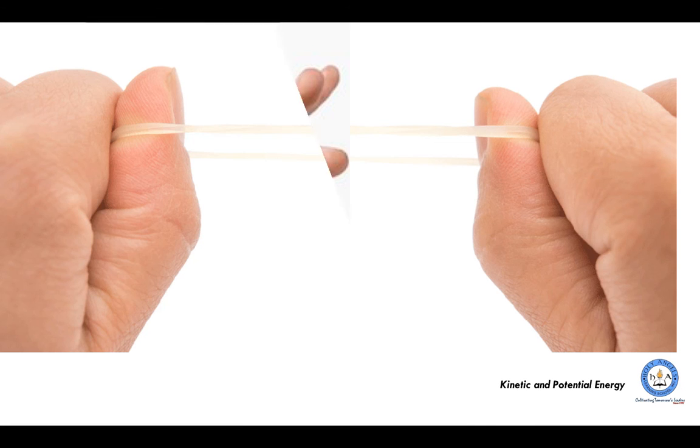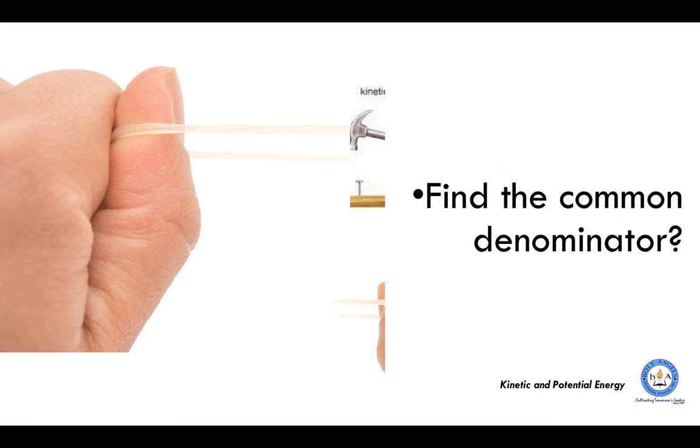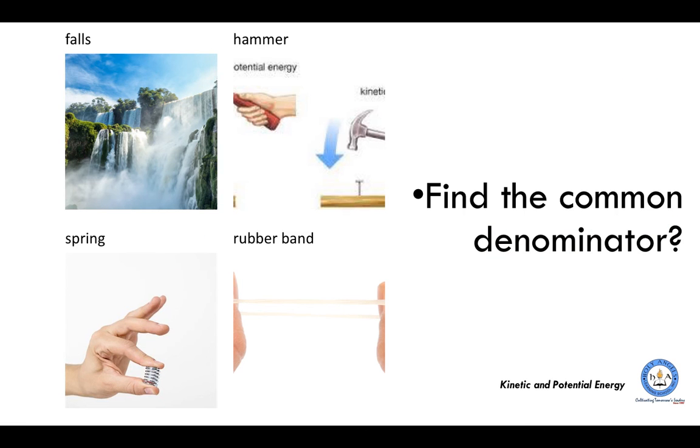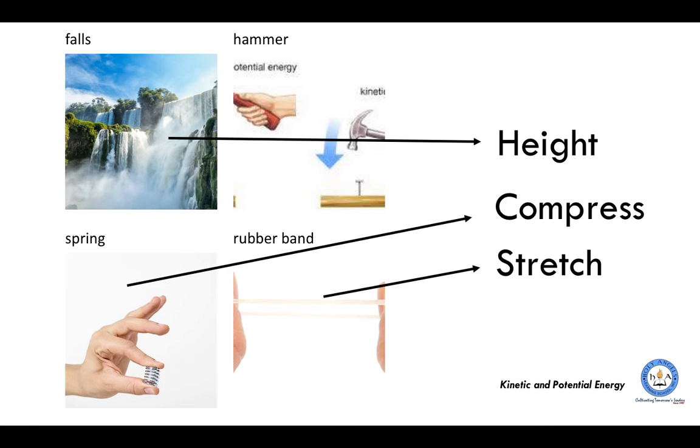Stretching a rubber band has potential energy. What is the common denominator of these objects? Either the object is held up high or the object is compressed or stretched. Therefore, we can say that there is a change in position or configuration in the object involved. Remember that all of these objects have potential energy waiting to be released.